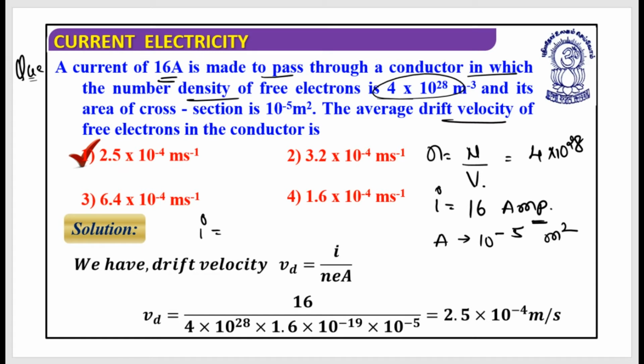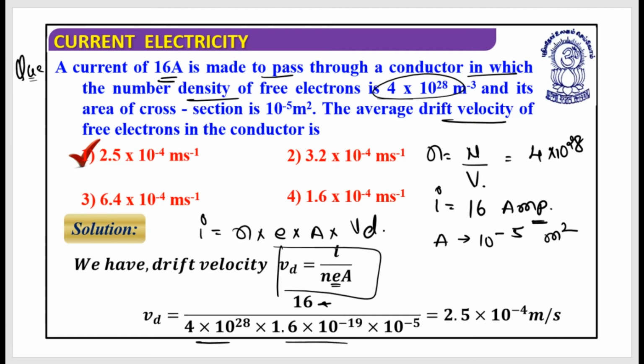Yes, we know that I equals N E A into VD, and if I know this, VD equals I divided by NEA. The current is 16 ampere, the number density is 4 into 10 to the power 28, E is the charge which is 1.6 into 10 to the power minus 19, and cross sectional area is 10 to the power minus 5.